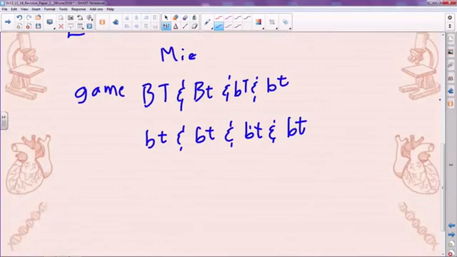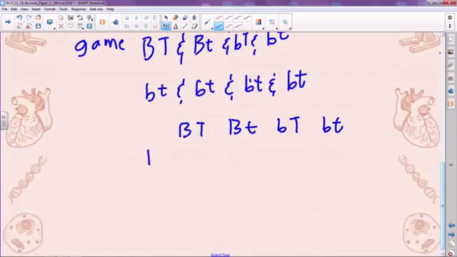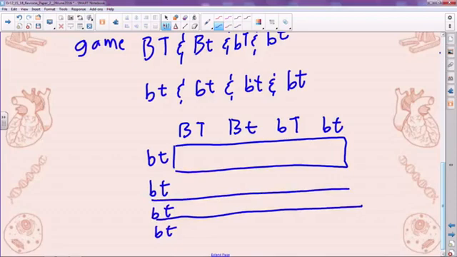So we've got big B, big T; big B, small t; small b, big T; and small b, small t. And all of those are going to be crossed with just one, small b, small t. You're supposed to cross it with all of them, so maybe you should. So all of those have to be crossed.